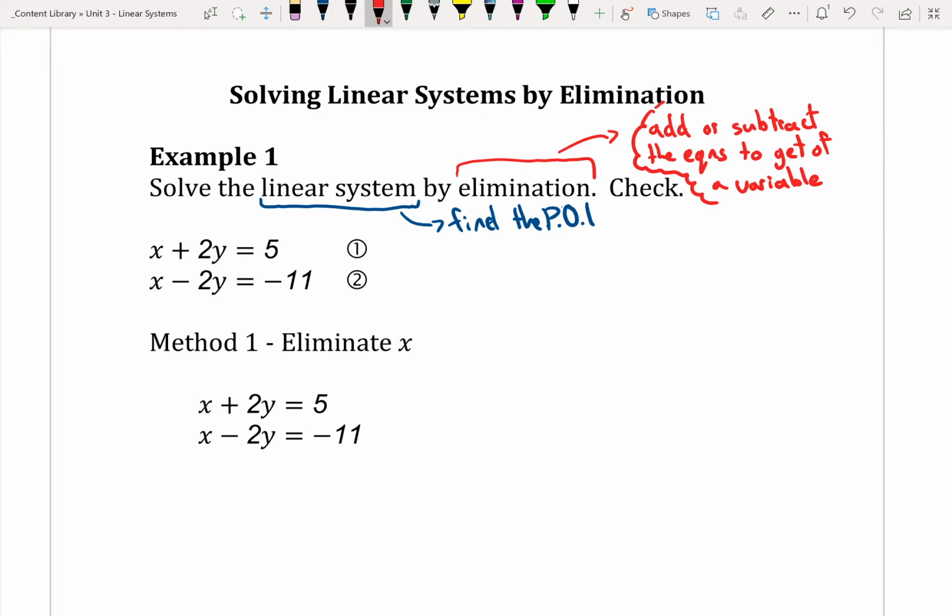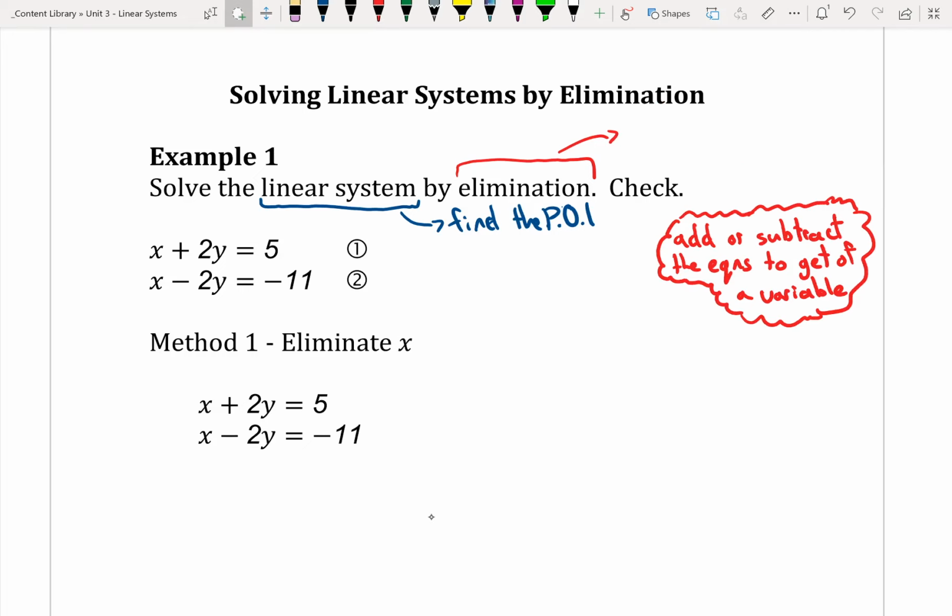So basically, if we're solving by elimination, we are adding or subtracting the two equations to get rid of one of the variables.